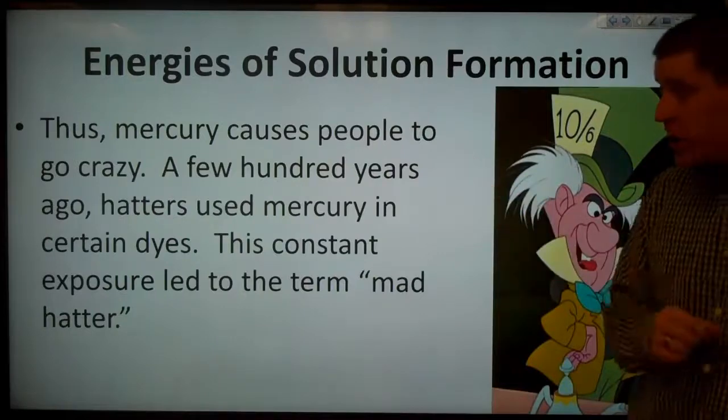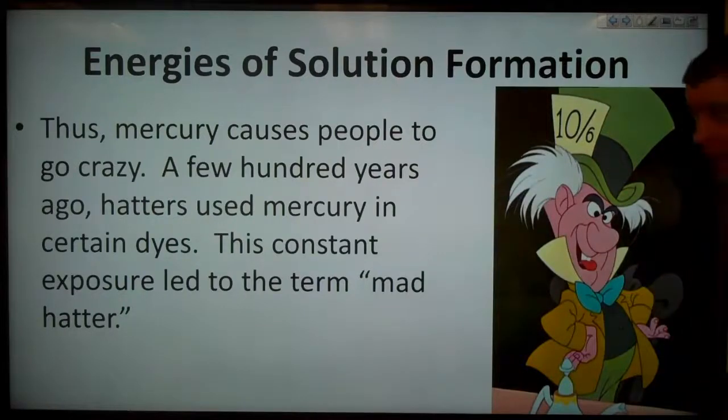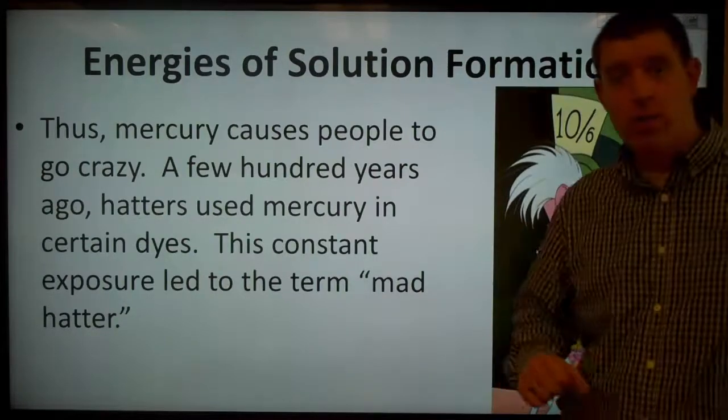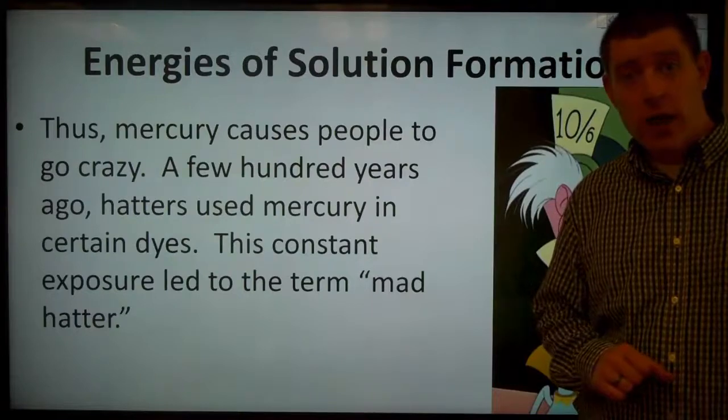A few hundred years ago, hatters used mercury in certain dyes, and this constant exposure to mercury led to the term Mad Hatter, because many of them went crazy because of this lifelong exposure. This is, of course, why we try to eliminate mercury from most of the things that we use now.